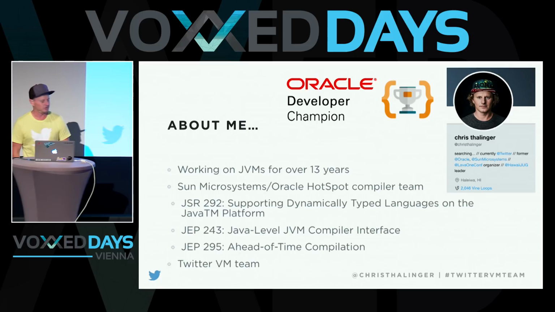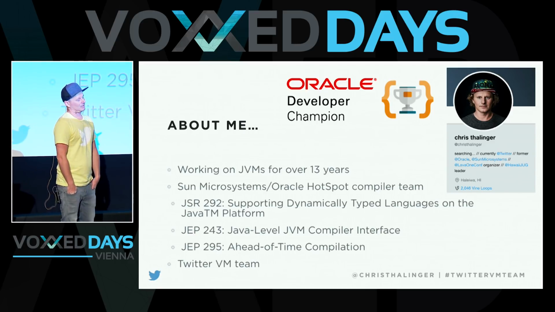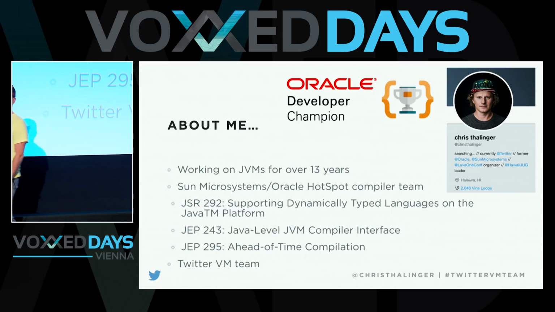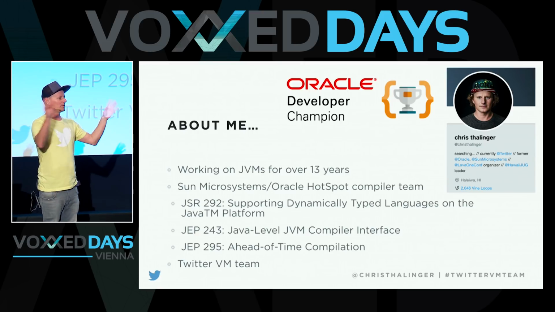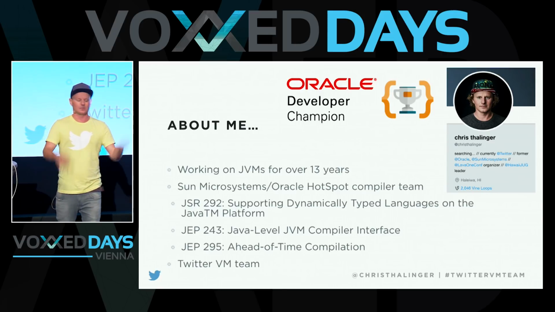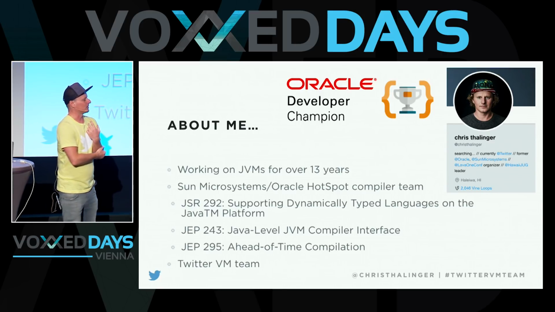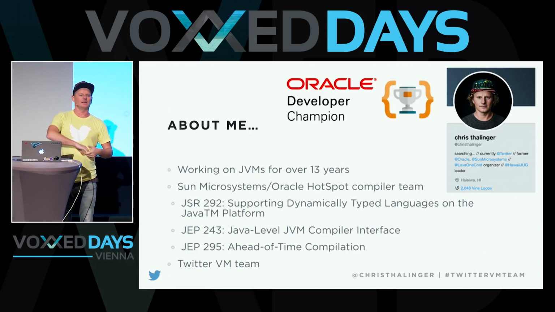We all know that. The biggest three things I worked on while I was in the HotSpot compiler team at Sun or Oracle was JSR 292, which is basically invokedynamic and method handles and all this stuff. I implemented a lot of this. I wrote all the compiler support, a little bit of interpreter support, and a lot of the core library, the Lambda Form method handle implementation.